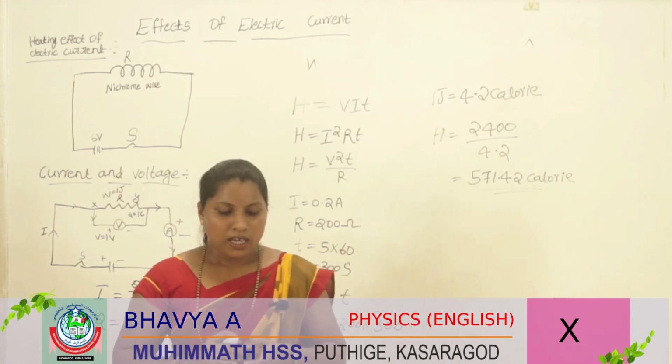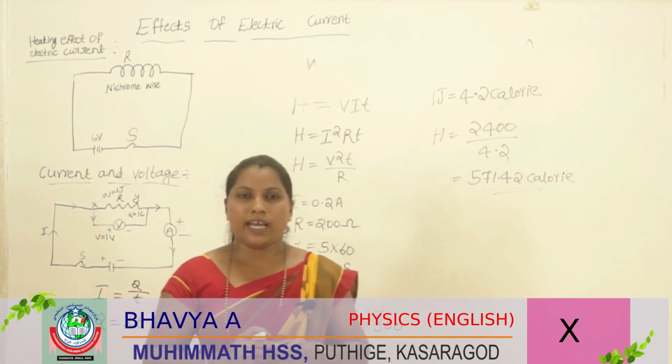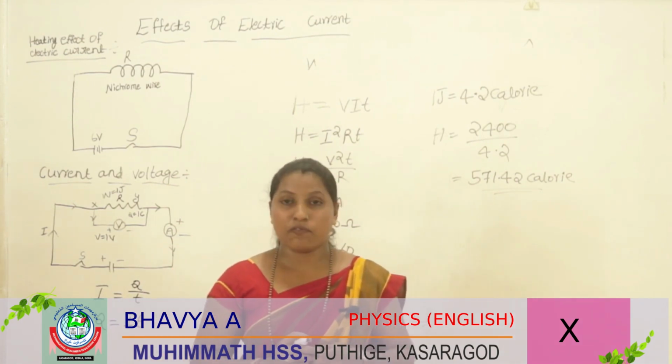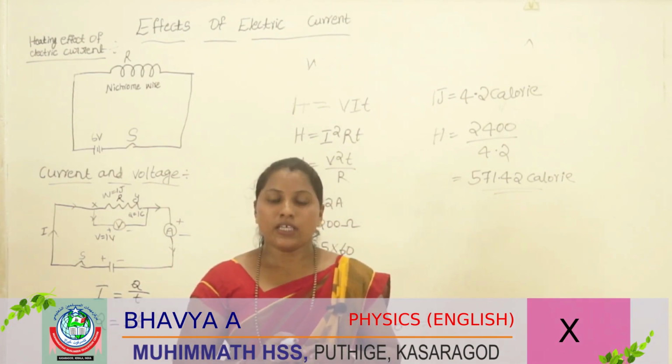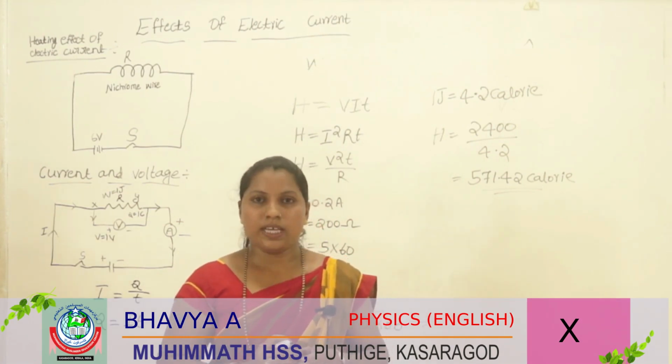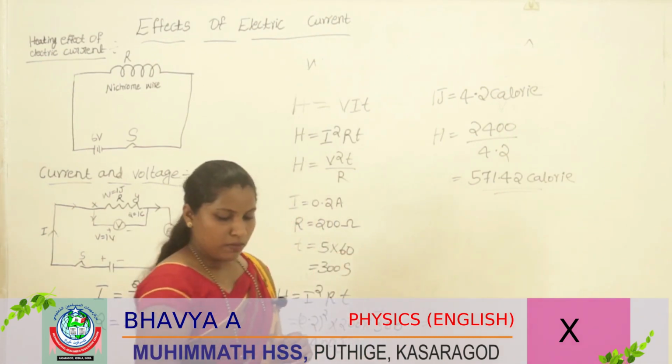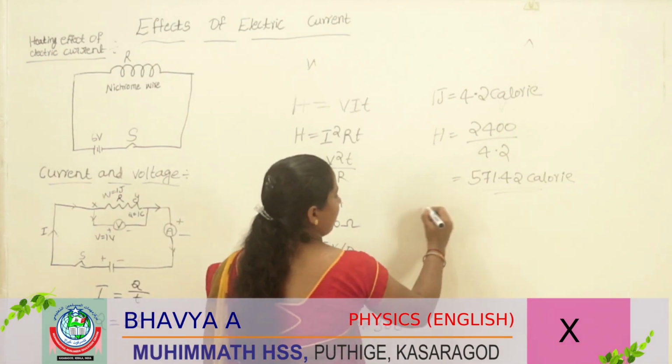Find out the heat developed in 3 minutes by a device of resistance 920 ohm working under 230 volt. So how can we calculate? Which values are given?